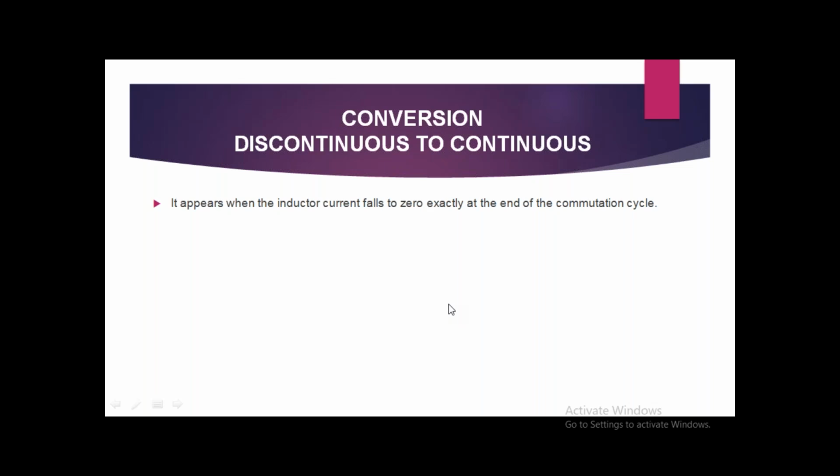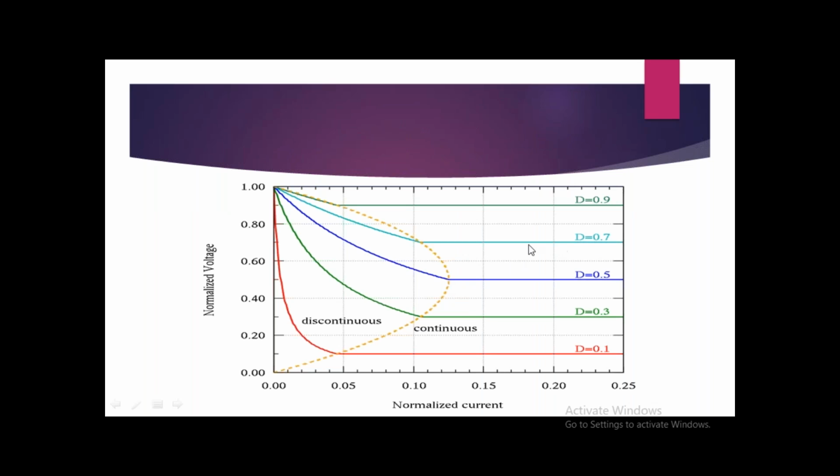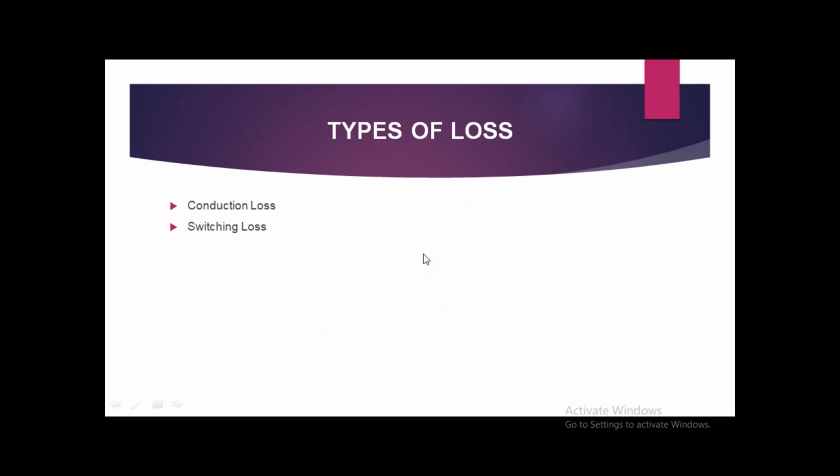Now we will look at the graph. We have voltage versus current characteristics. We can see that discontinuous and continuous characteristics behave like this. Now my friend Soham Mitra will say about this.